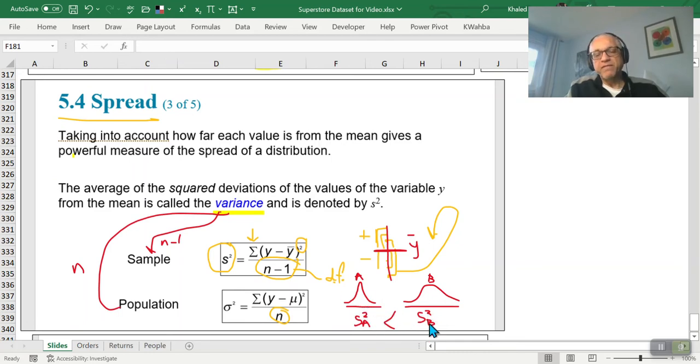If the variance is a large value, it means most of the points are far from the average.